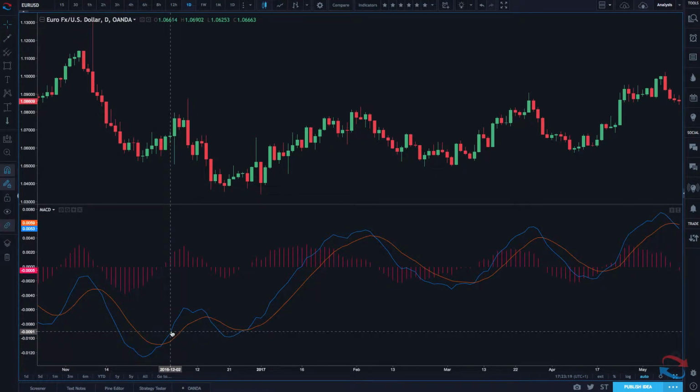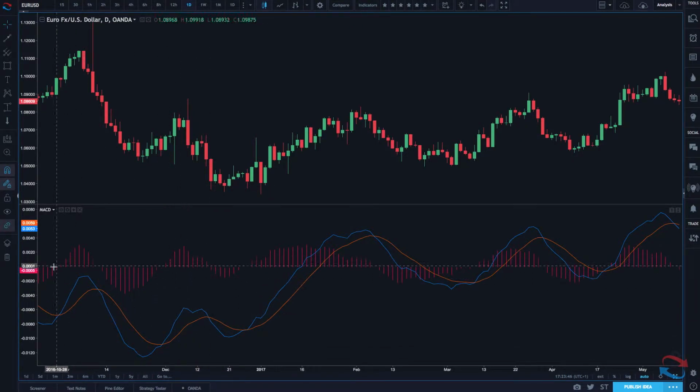How traders will use this is when the signal line crosses, so when the blue line crosses up and above the MACD line, the orange line, this indicates a buy signal. And when the blue line, the signal line, crosses down past the MACD line, that will indicate a sell.